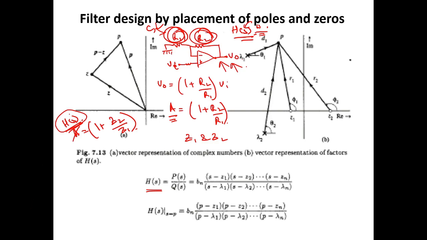Now this H(s) basically has two polynomials. H(s) can be represented in the form of P(s) by Q(s).